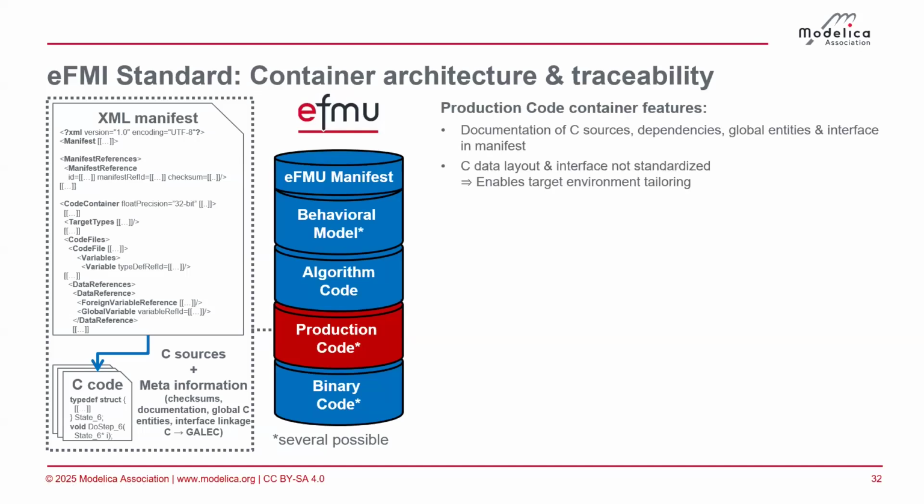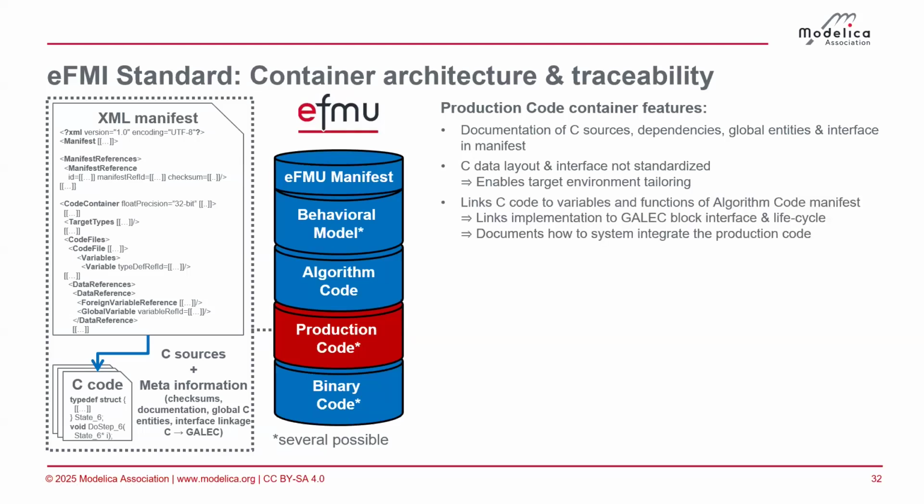The C data layout and interface are not standardized, so you can have various different target environments, but it links the C code to variables and functions of the algorithm code manifest. And this links implement this algorithm code block life cycle, and that describes how to system integrate this very C code.